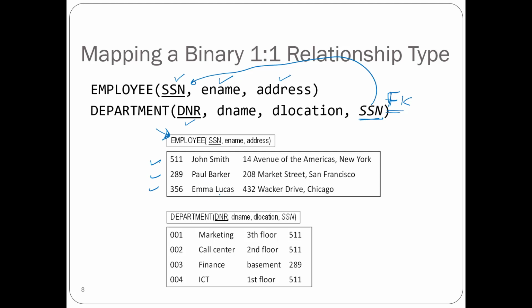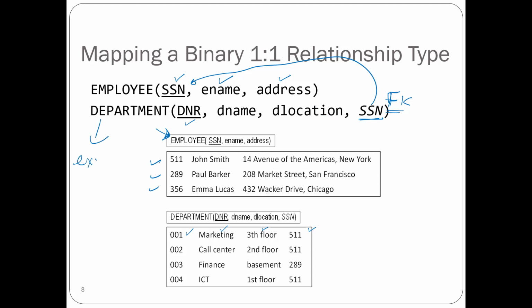These are the three employees that we have. And then for departments, we have the department number, the department name, the location, and the social security number of the manager.